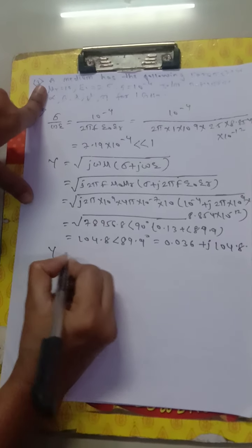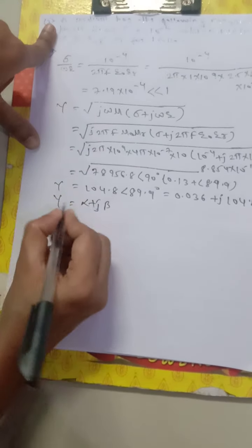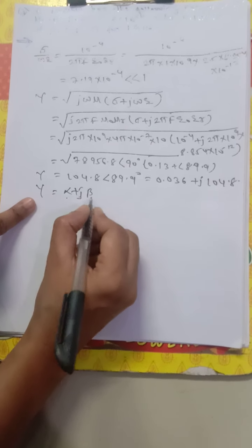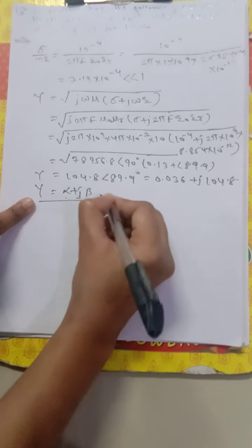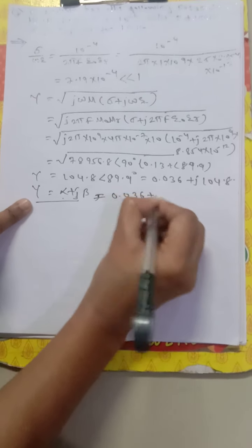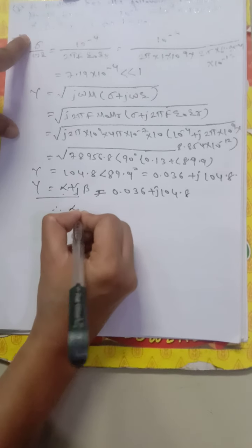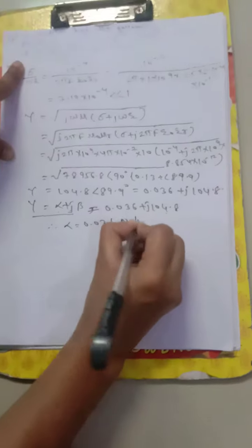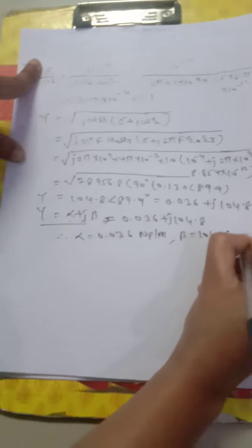This gamma, compared with the standard equation, propagation constant equals alpha plus j beta, where alpha is the attenuation constant and beta is the phase constant. Therefore alpha is 0.036 Nepers per meter, and beta is 104.8 radians per meter.